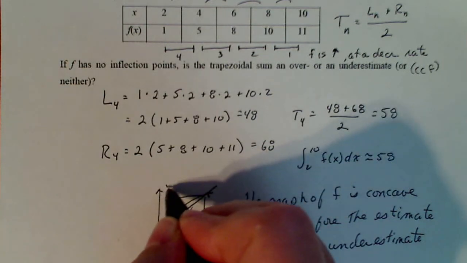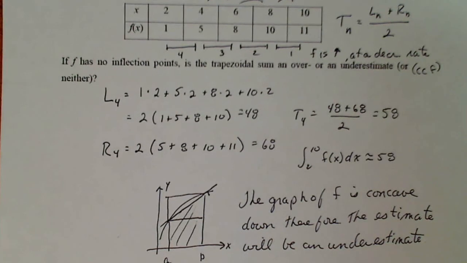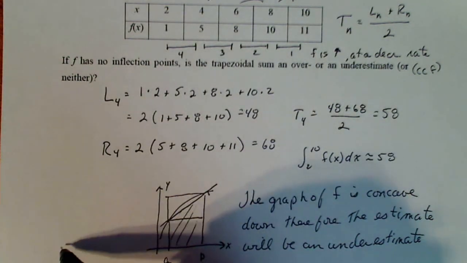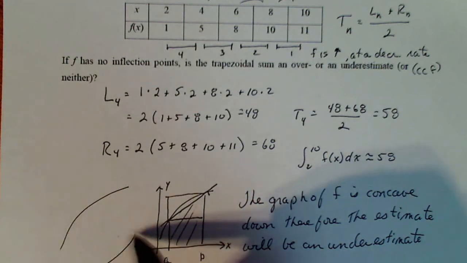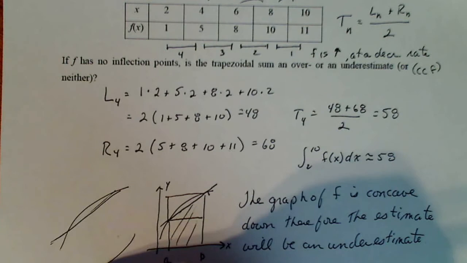Label your graphs if you're going to draw it. Anytime a graph is concave down, trapezoid will be an underestimate because it looks like a secant line. Any concave down, whether it's this way or this way, a secant line will always be an underestimate. That's not concave down, so forget that.